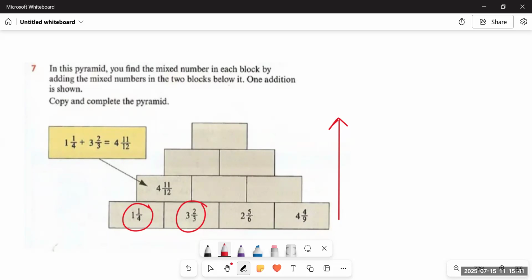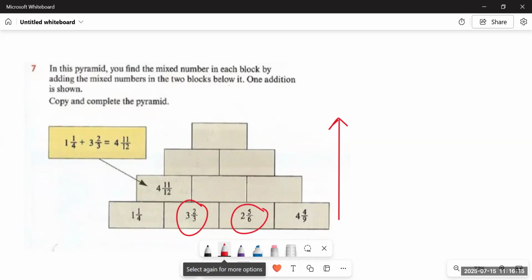We have to add these two to write down the answer in the block above it, as they have already done. So one addition is shown. We have to copy and complete the pyramid like this. So you can see that 1 whole 1 upon 4 and 3 whole 2 upon 3 equals 4 whole 11 upon 12. Now we will solve it for these two, and let's see what answer we get.